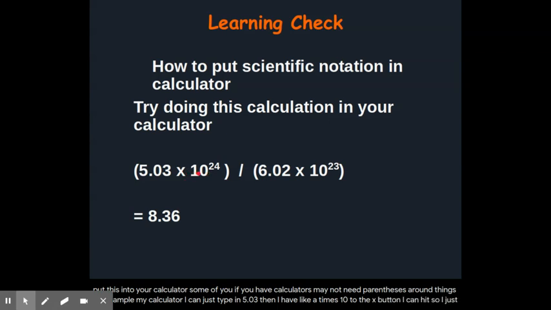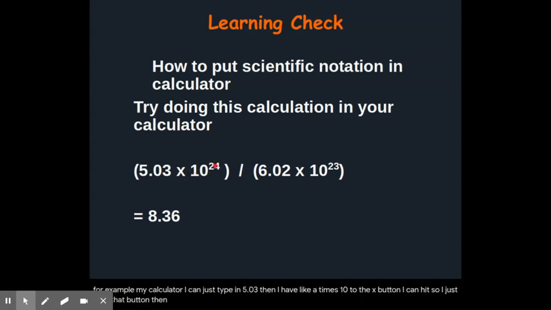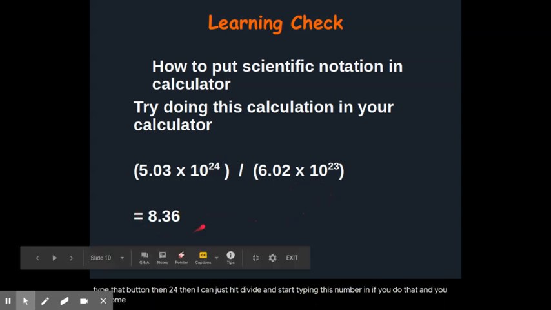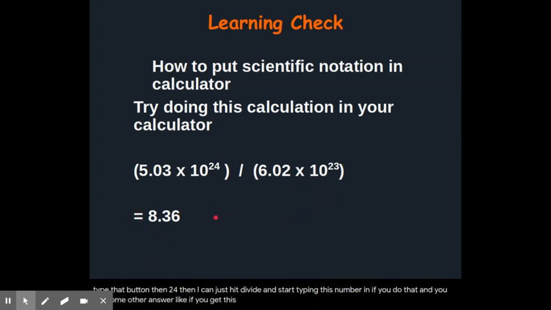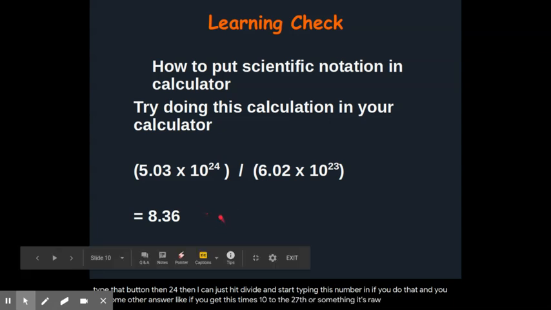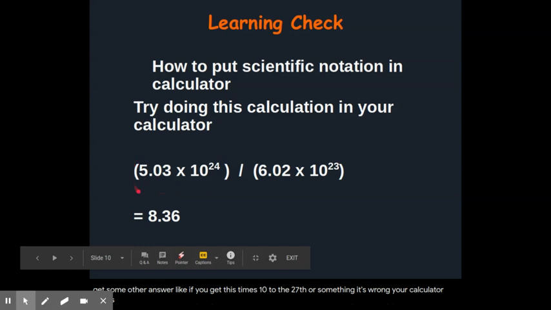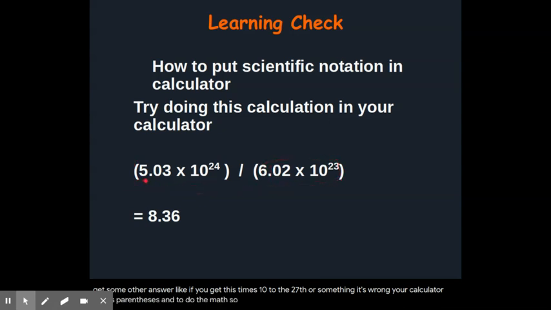So I just type that button, then 24. Then I can just hit divide and start typing this number in. If you do that and you get some other answer, like if you get this times 10 to the 27th or something, it's wrong. Your calculator needs parentheses to do the math. So give this a shot.